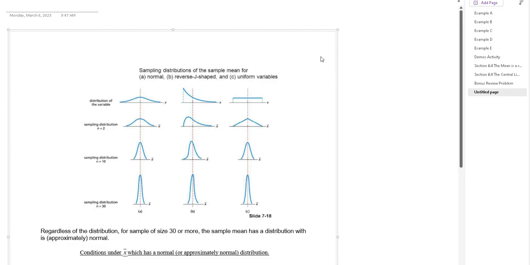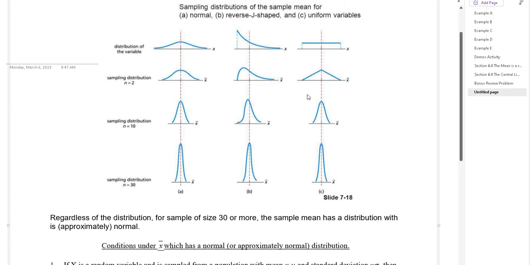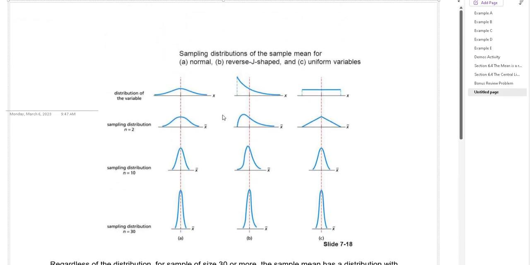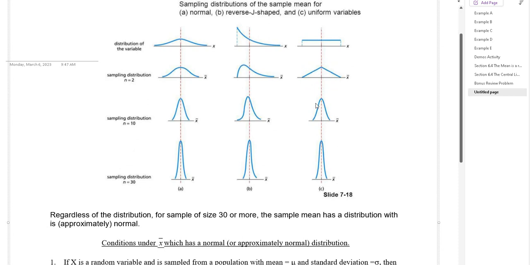So the idea behind the central limit theorem is that it doesn't matter what you start out with in terms of a sample. You could be sampling from a normal population, which is this one here, a population which is skewed to the right, or a population that has a uniform distribution, or whatever population. But when you start calculating the sample mean and its distribution, take a look at these last two sets of graphs.